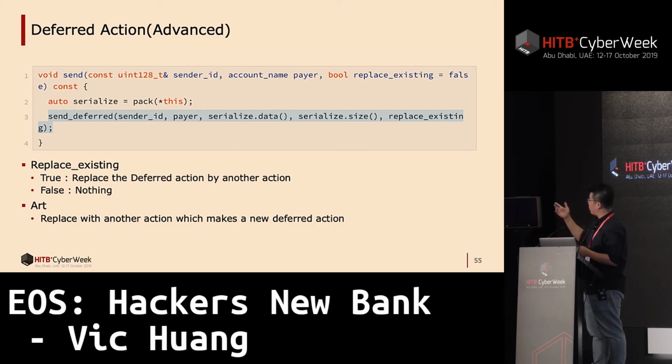And there's the features of deferred actions. You can replace the existing deferred actions. You can book deferred actions to generate other deferred actions.